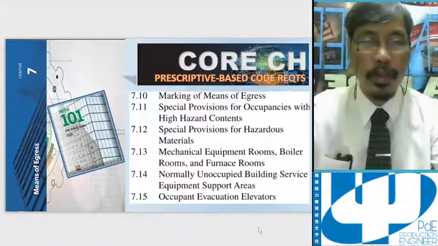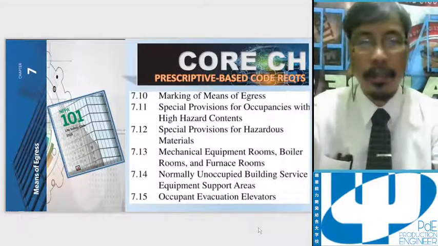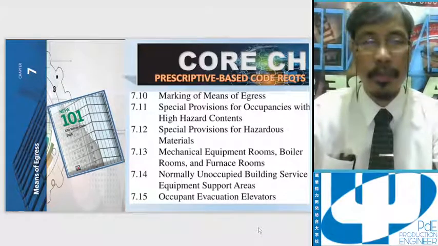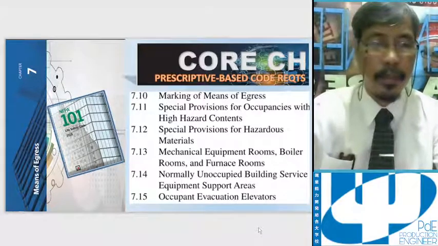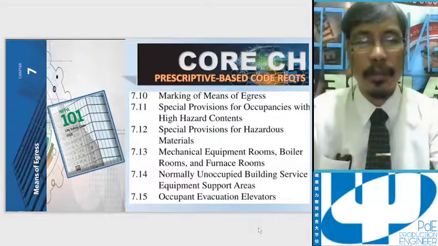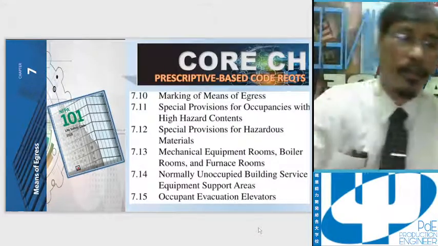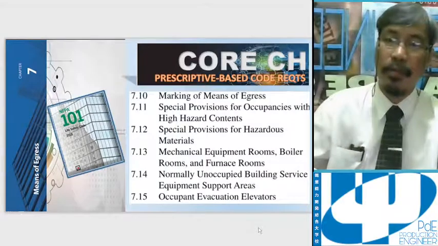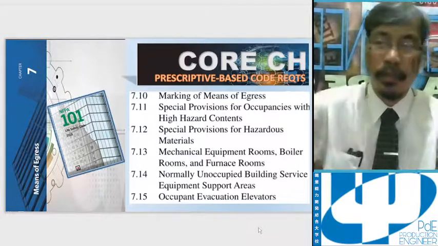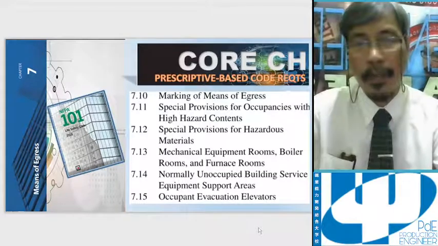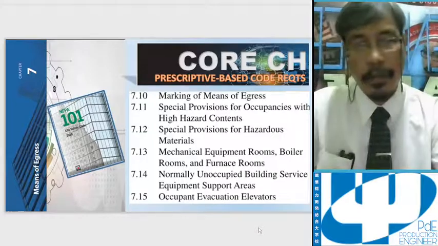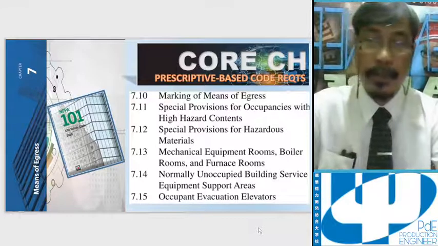Those with high hazard contents, mechanical equipment rules, boiler, furnace rules, elevators, and the like. So what happens to those occupants inside the elevator when a fire incident happens? There are provisions for that.